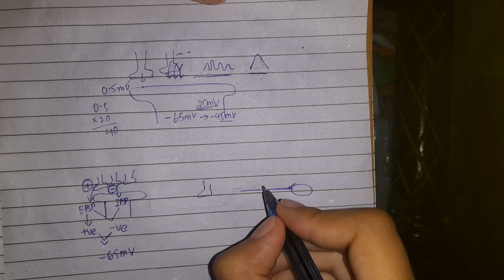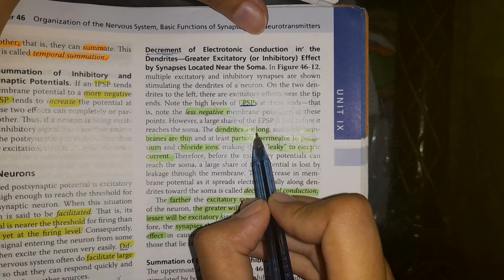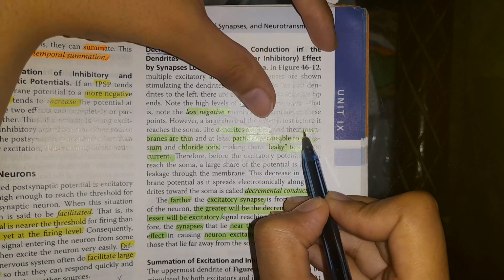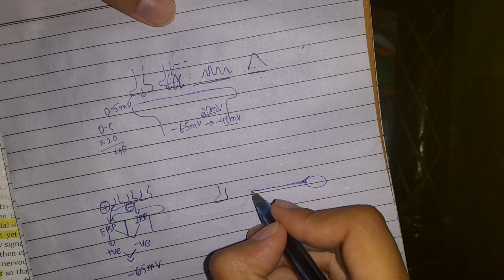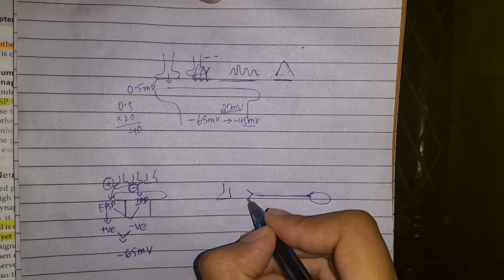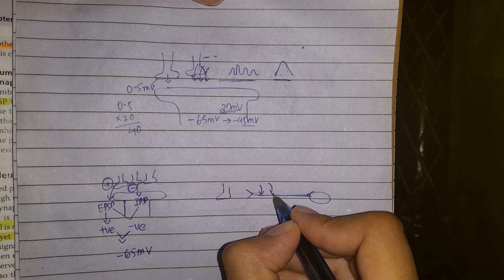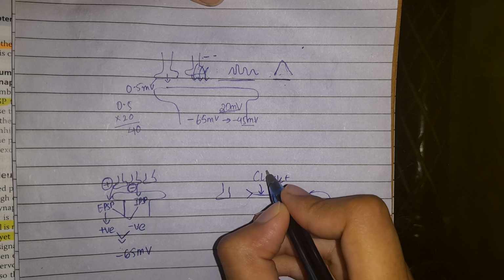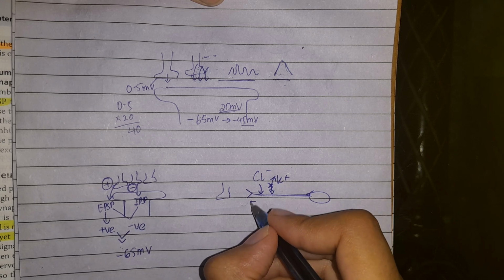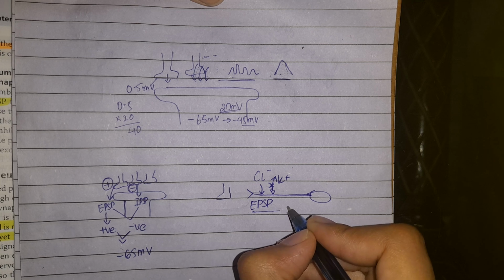The features written here are that dendrites are long and have thin membranes. Whenever a dendrite is long and has a thin membrane, potassium ions can move outside and chloride ions can move inside. So the excitatory postsynaptic potential that was coming is going to be reduced.